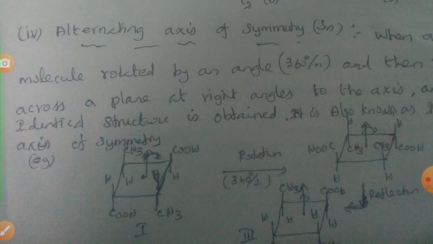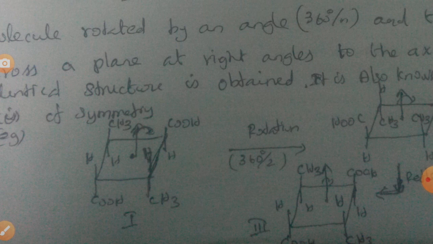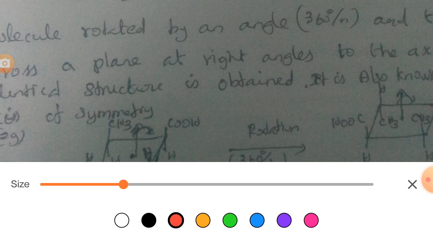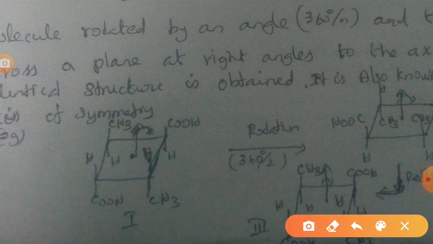If we consider this example, this is the rotating axis. Rotating 180 degrees, that is 360 degrees divided by 2, we get CH3 going to the other side and that CH3 coming to this side.